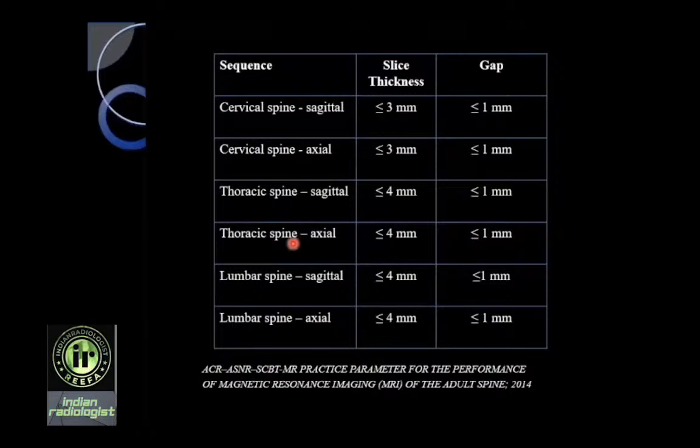These are the current American College of Radiology, ASMR and SCBT guidelines for which sequences need to be performed for degenerative disc disorders. For example, in the cervical spine, the T1s and T2s are obtained with a slice thickness of 3 mm and a gap of 1 mm. In the thoracic and lumbar spine, the slice thickness is 4 mm.